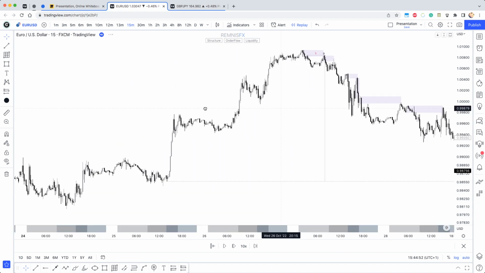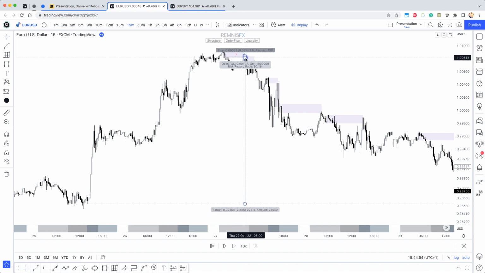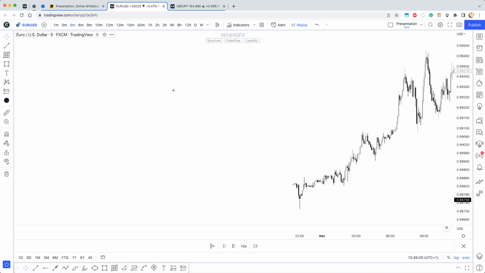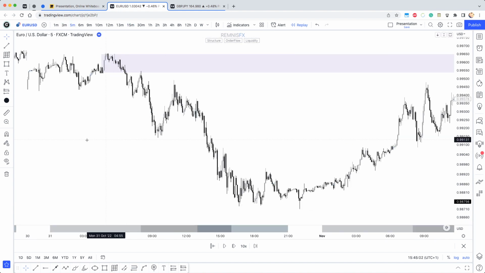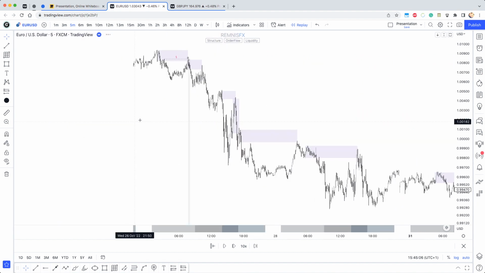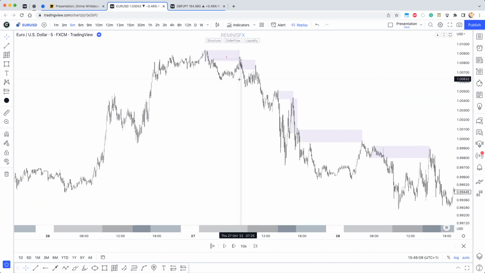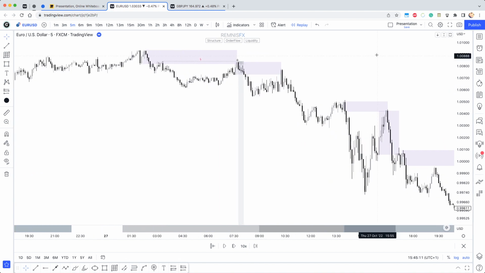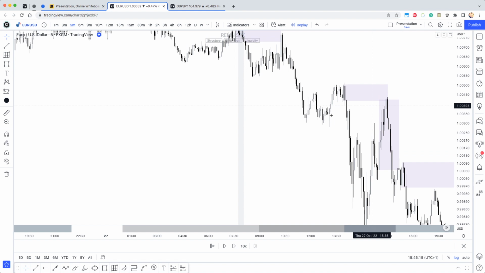So you identified your order flow, okay, and then price came. Now what happened here after the price came back into the order flow? You can go to the 5 minute time frame, right, and study the areas for price behavioral patterns or entry models, entry criteria, however you want to call them, right?